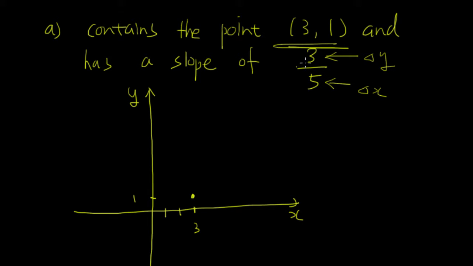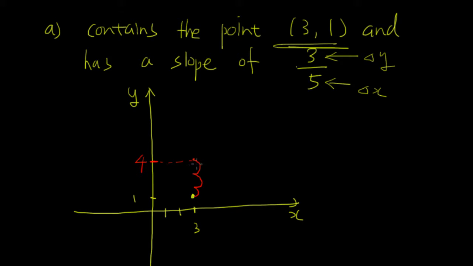Let's apply the y change first. When we say positive 3, starting from here, which direction should we go? We're going to go up: 1, 2, 3, like this. At the moment, that point must be 4, because from 1 we went 3 up.